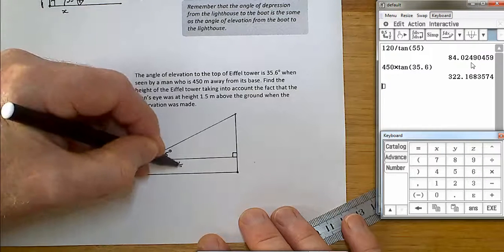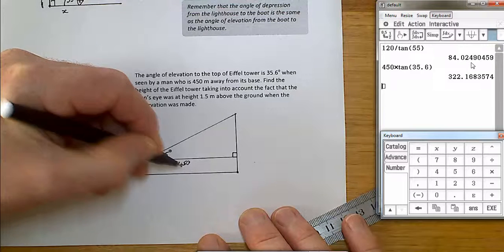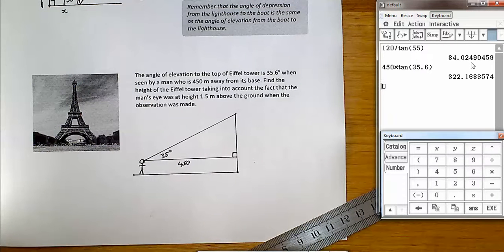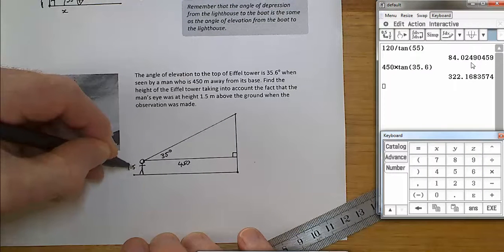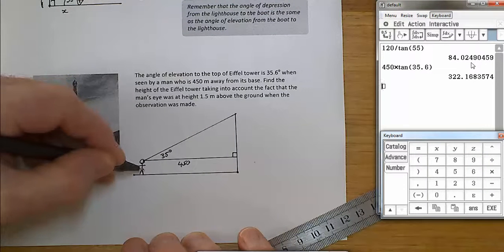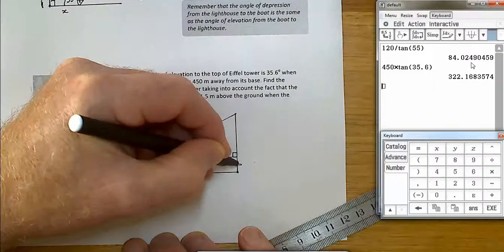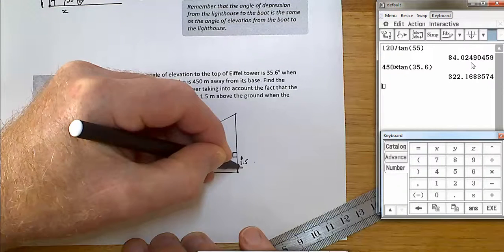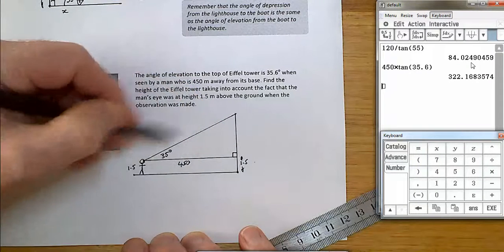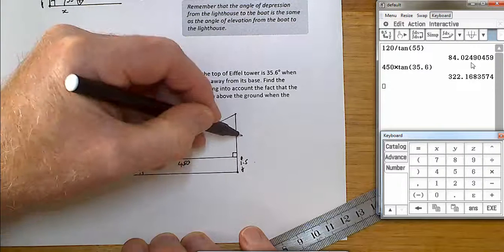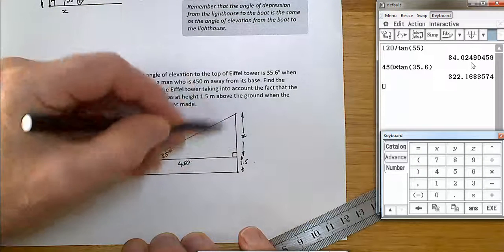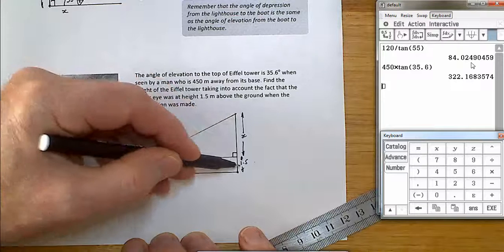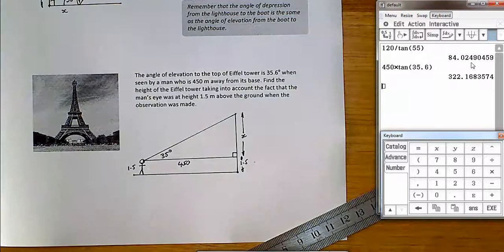He's 450 metres away, and we have to find the height of the tower, remembering that he's 1.5 metres in height. So if he's 1.5 metres there, I guess this is 1.5 metres just here, we can use this triangle here to work out the height of the tower here, but the overall height will be this plus an extra 1.5 metres, won't it?